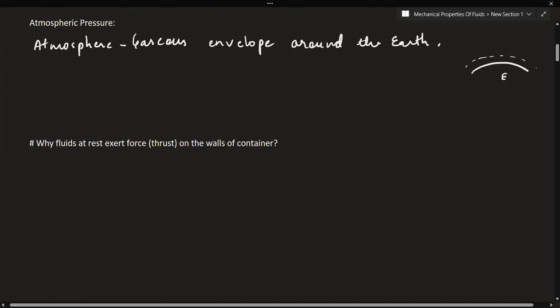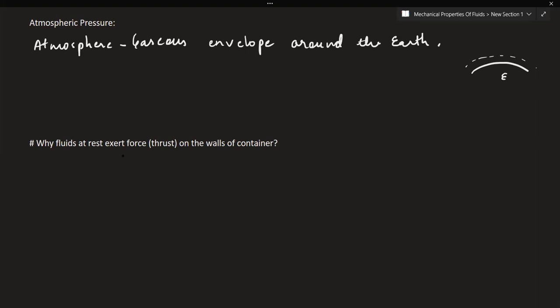You must be aware that the Earth's atmosphere is mainly composed of nitrogen 78% and oxygen 21%, and it also contains other impurities such as carbon dioxide, neon, and dust particles, and all these.